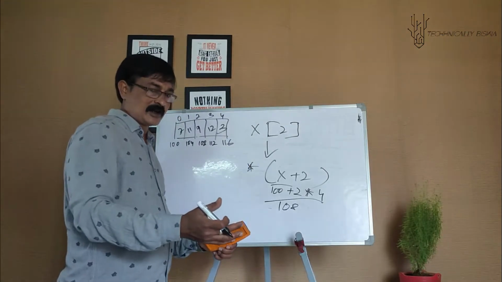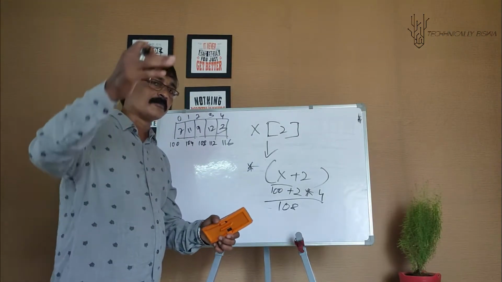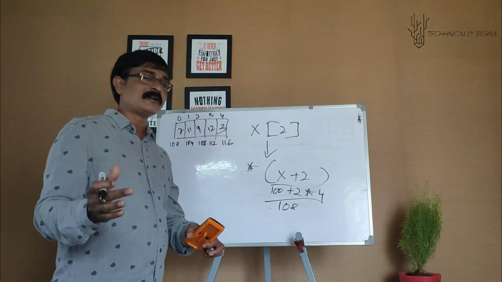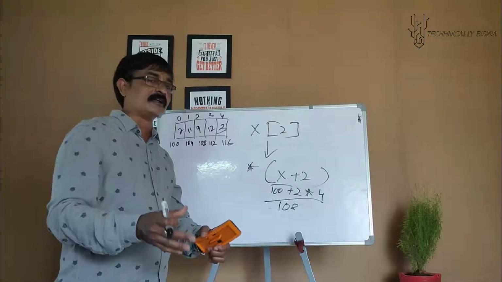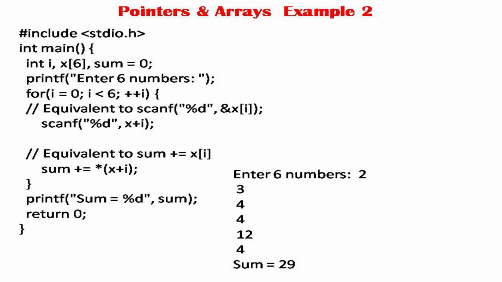Look at this example. The equivalent statements I have also written in comments. Have a look at this slide. Integer x of 6, x is an array. What we are doing is finding the sum of the elements in an array. First of all, we are accepting the elements.